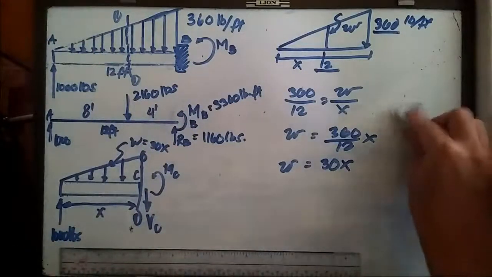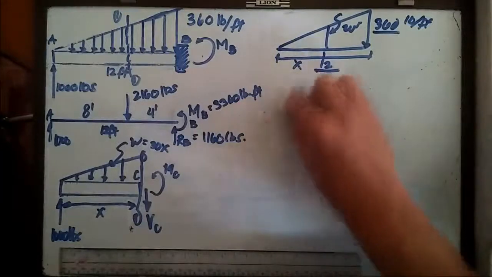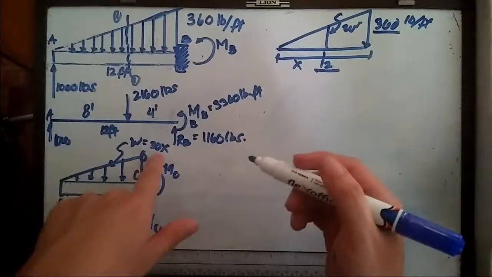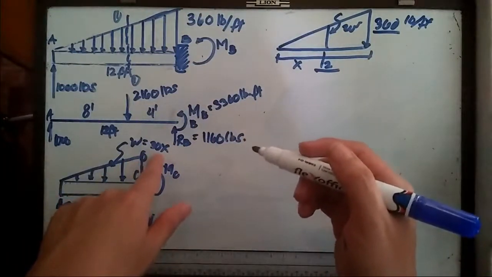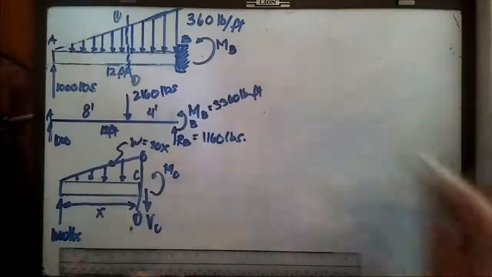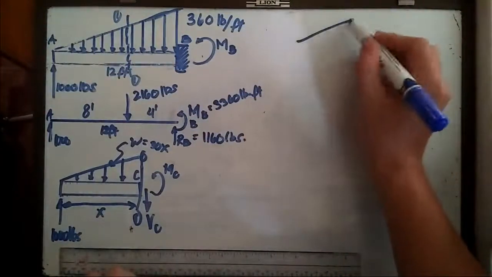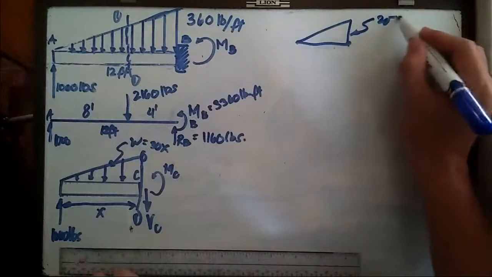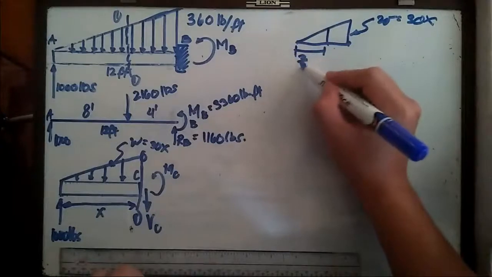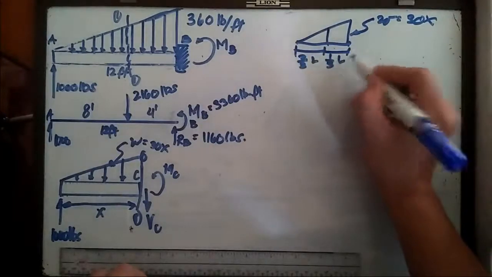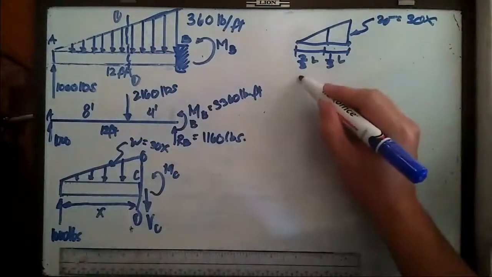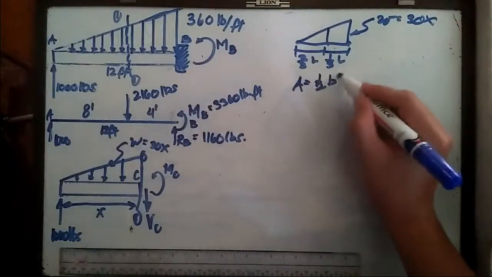Upon doing that, for us to use the equilibrium forces again, we must first look at the corresponding concentrated load of this 30x. So let's go back to our free body diagram and do this step by step. This new intensity omega is equal to 30x, and don't forget that this one is 2/3 of the base or length, and this one is 1/3 of the base or length. Applying the area of the right triangle, A is equal to 1/2 base multiplied by the height.